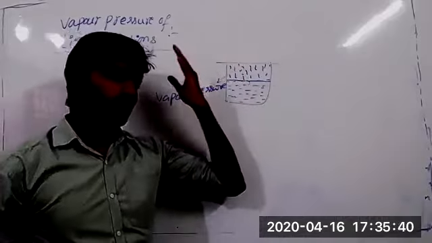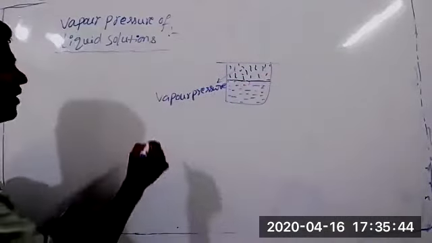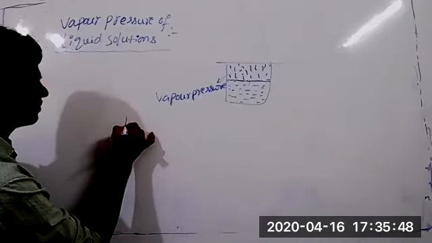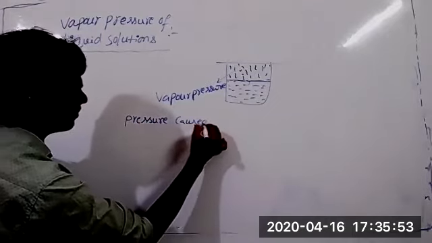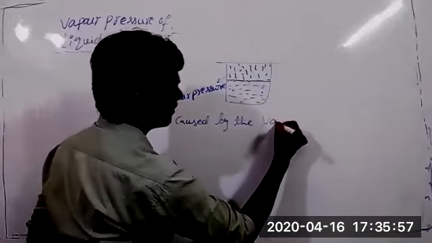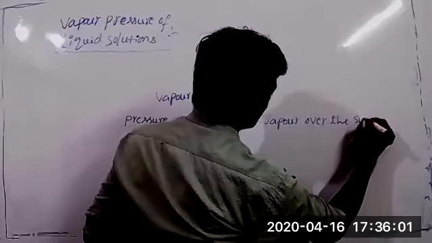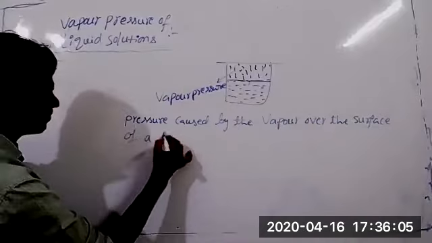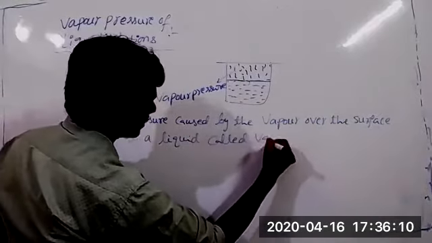The pressure caused by the vapor over the surface of a liquid is called vapor pressure.